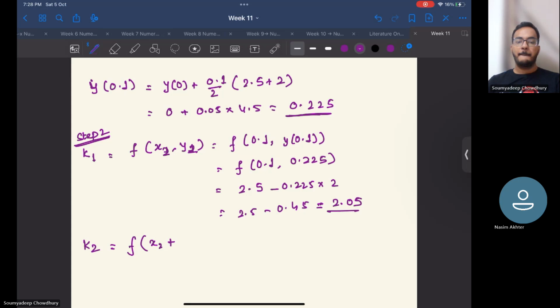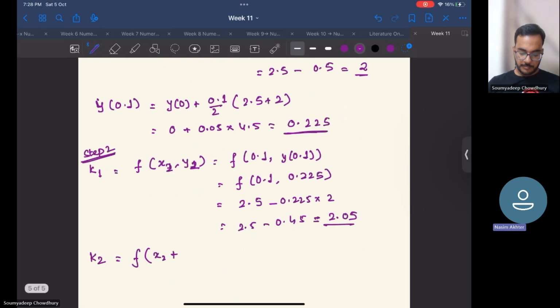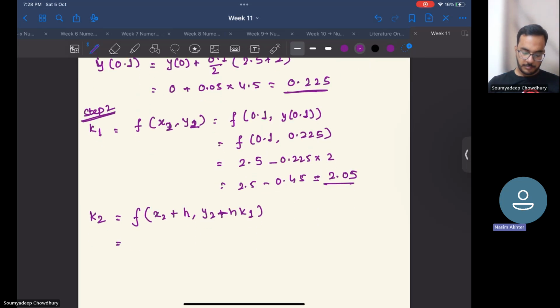It will be f of x2 plus h, y2 plus h K1, right?